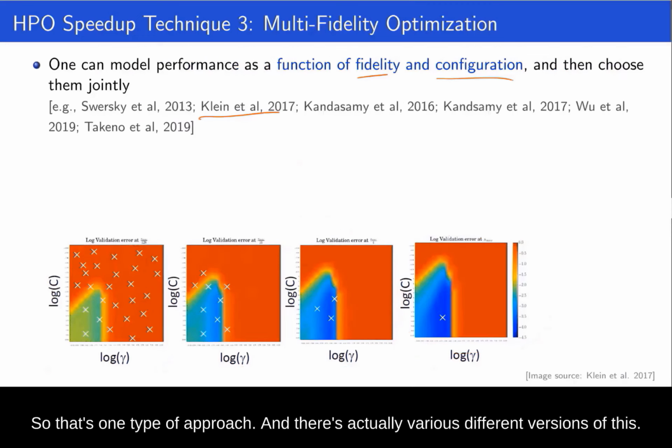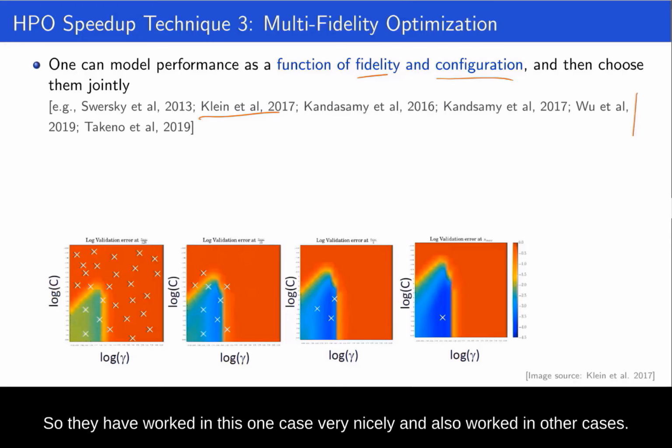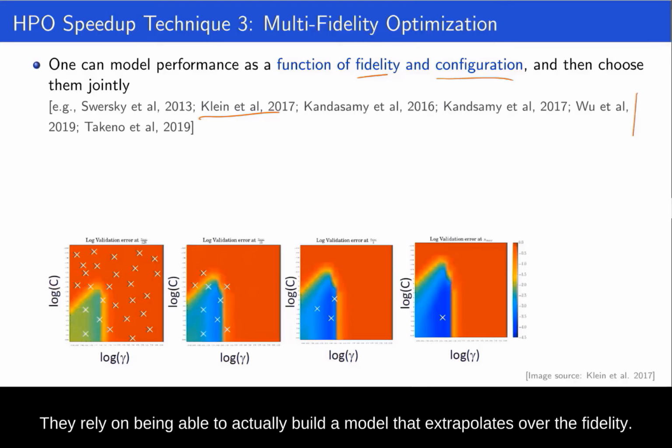So that's one type of approach, and there are various different versions of this. Typically these are all based on Gaussian processes, and unfortunately, they are fairly brittle. They have worked in this one case very nicely, and in other cases, but sometimes they have issues because they need to fit this model. They rely on being able to build a model that extrapolates over the fidelity.